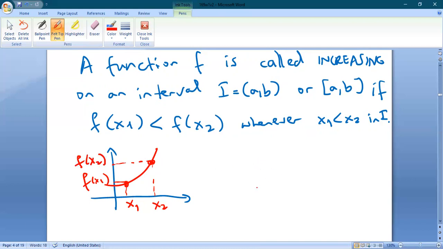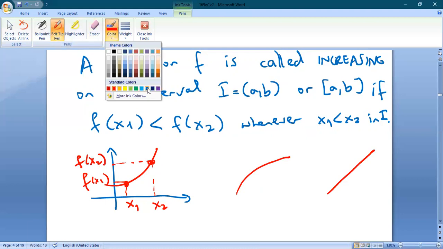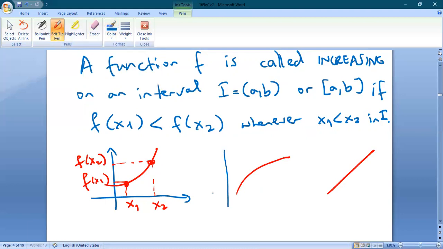Or you can also have something like this, or just simply like this. In both cases, these are increasing functions. These are all increasing functions, okay?